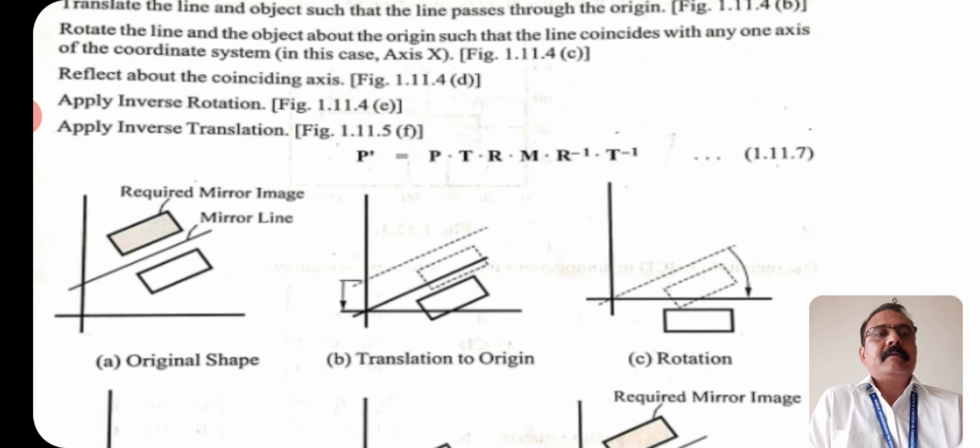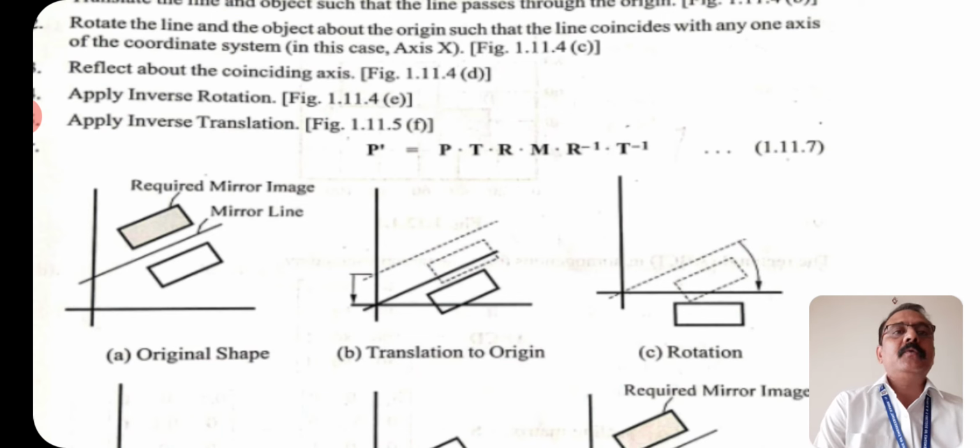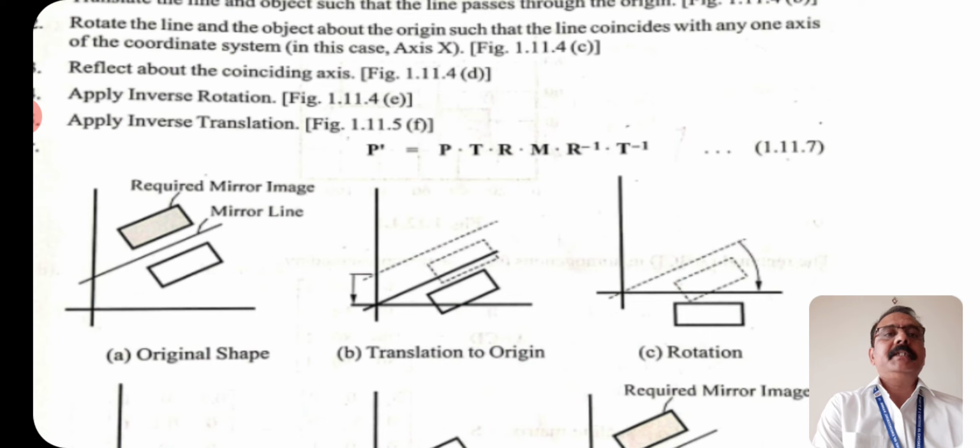Now figure C shows a rotation, and the step is to rotate the line and object about the origin such that the line coincides with any one axis of the coordinate system. That is rotation. Rotate the object, a rectangle, and the line such that the line coincides with one of the coordinate axes. Now it coincides with the x-axis.